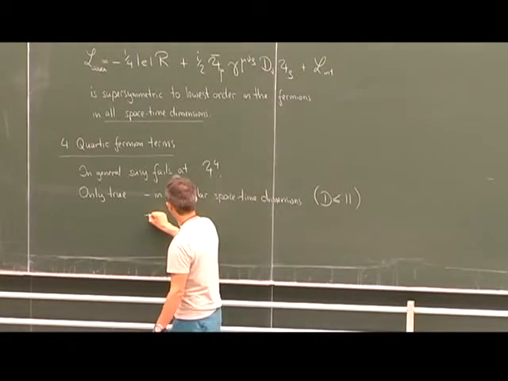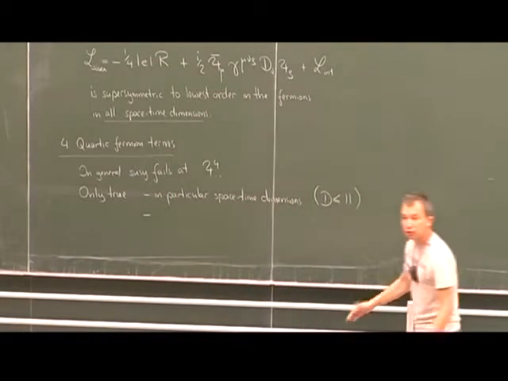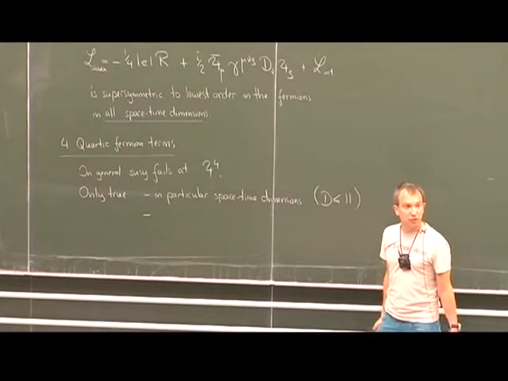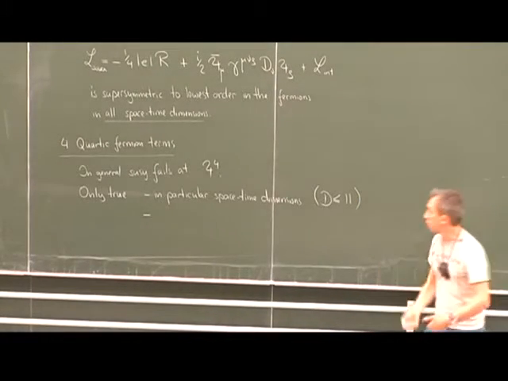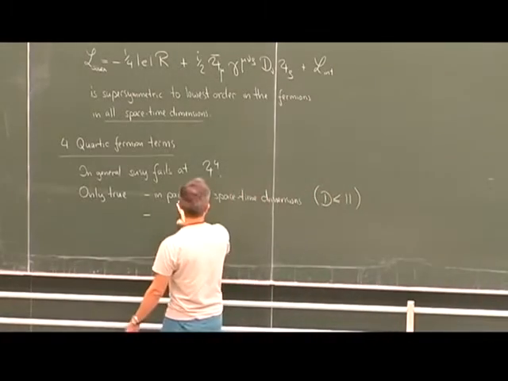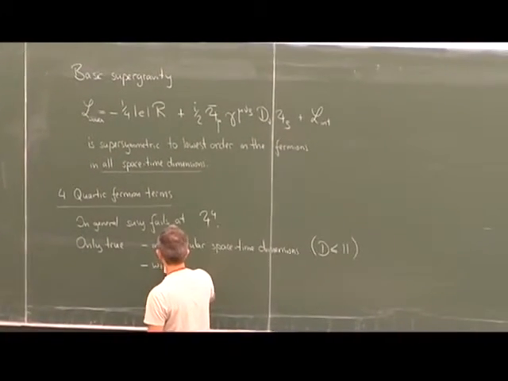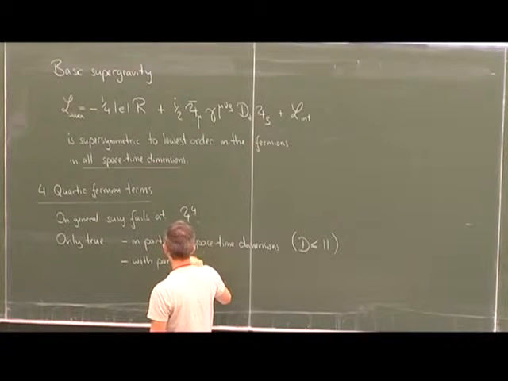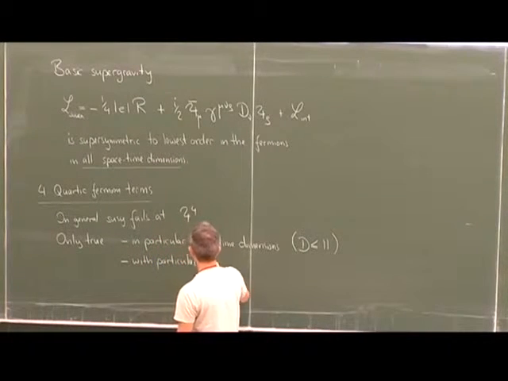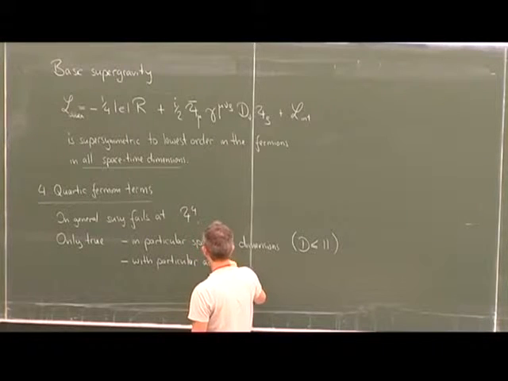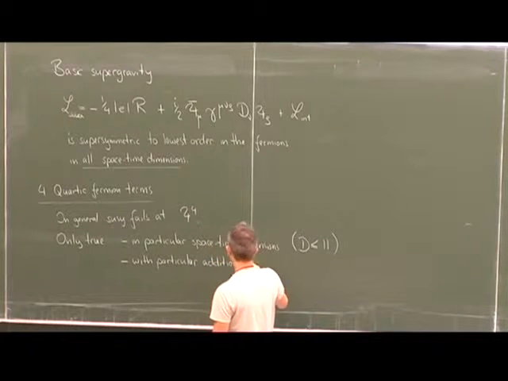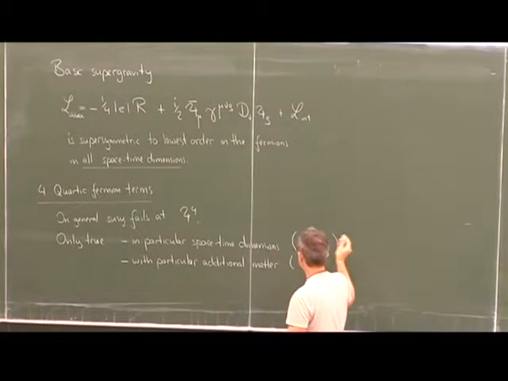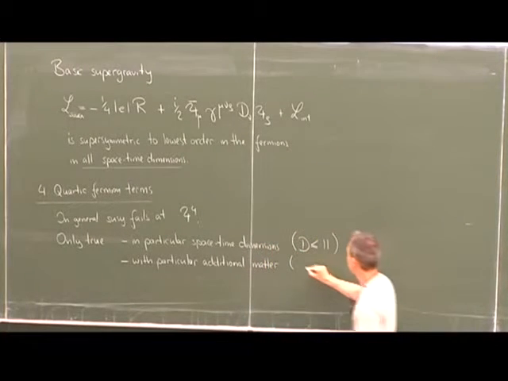And not only particular space-time dimensions, but also in general, we will be obliged to add additional matter to the Lagrangian to make it close into a supersymmetric theory. So in particular space-time dimensions with particular additional matter like vector fields, p-forms, and so on.